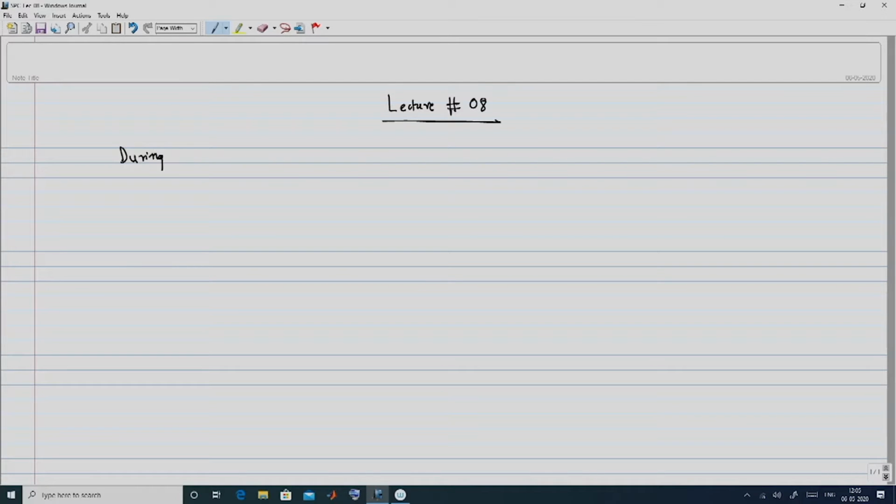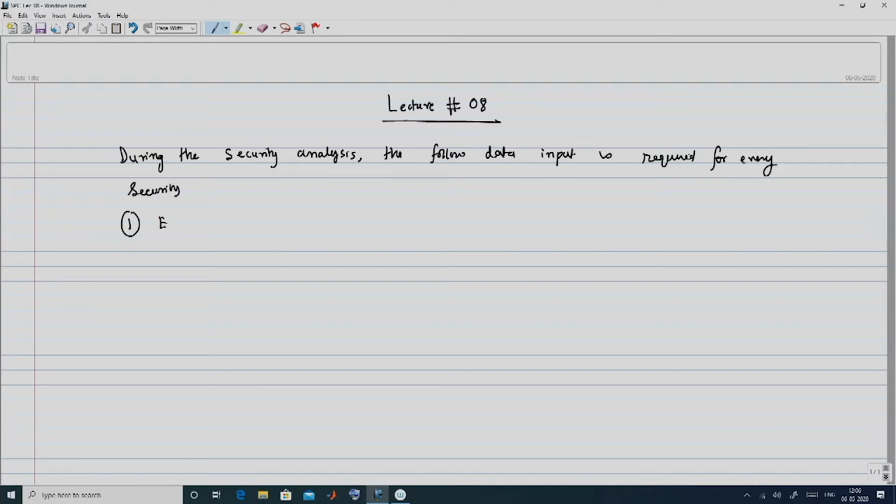During the security analysis, that means the analysis of each of the assets that you are considering for investment, the following data input is required for every security, and let us identify them one by one. First of all, we have what is known as the expected return, and we have already seen the definition of this.